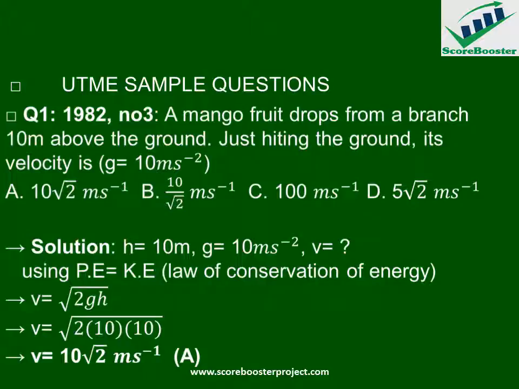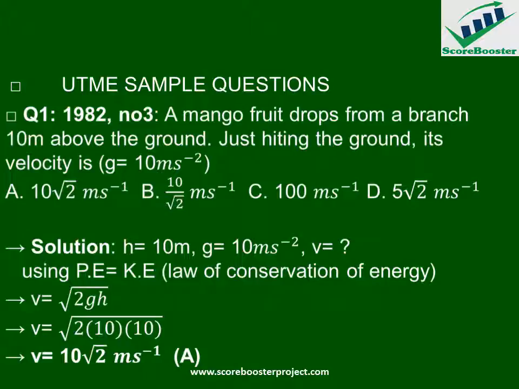You are given in brackets g equals 10 meters per second square. Option A is 10 root 2 meter per second, option B is 10 over root 2 meter per second, option C is 100 meter per second, while option D is 5 root 2 meter per second.